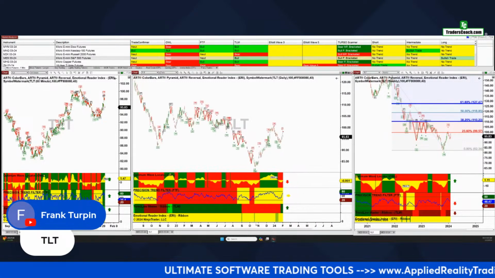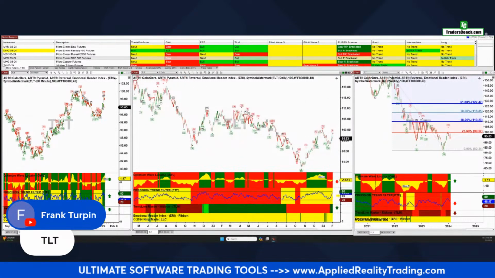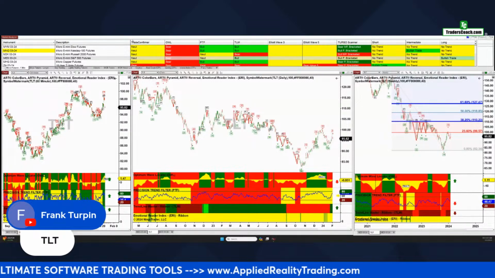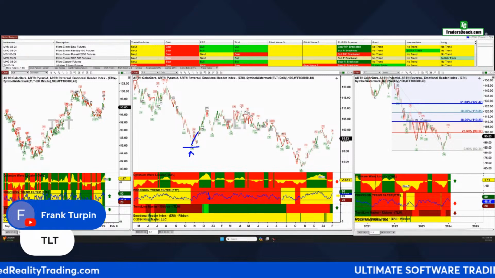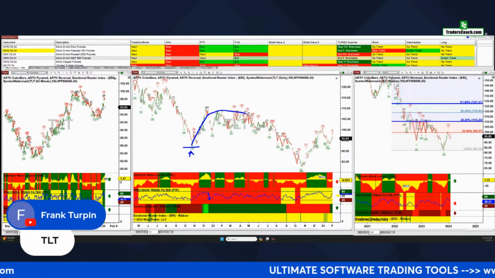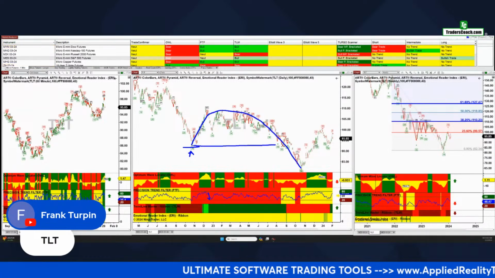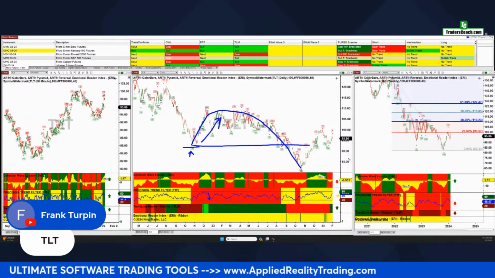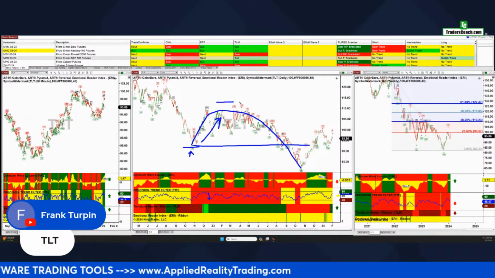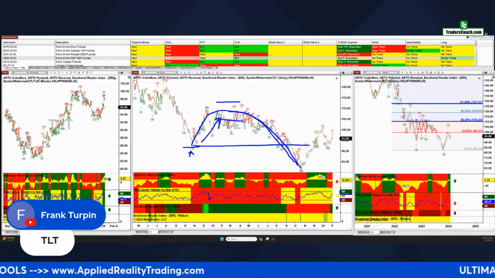But this is why I listen to the PTFs, because here's an example where this was a possible bottom, but the PTF was red. So the market went up, profit taking, and then boom, went down. It doesn't mean you can't make money on the profit taking, but realize that's all it could be. And then it could fail again.